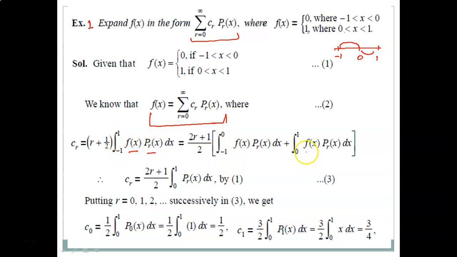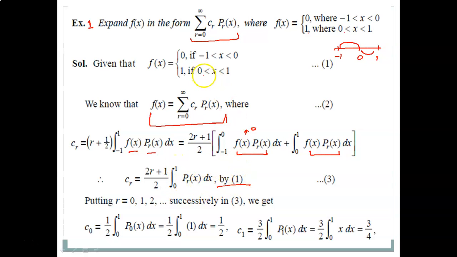In the interval -1 to 0, the value of the function is 0, so that part of the integral reduces to 0. In the part 0 to 1 the value of the function is 1, so here you can put 1. So c_r is in fact equal to (2r plus 1) by 2 times the integral from 0 to 1 of P_r(x) dx.